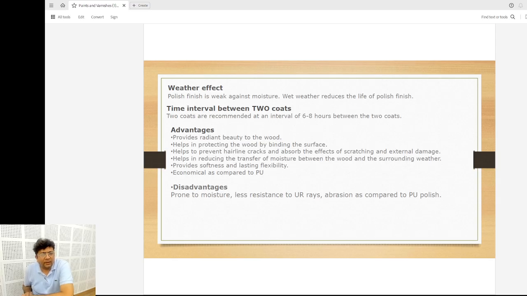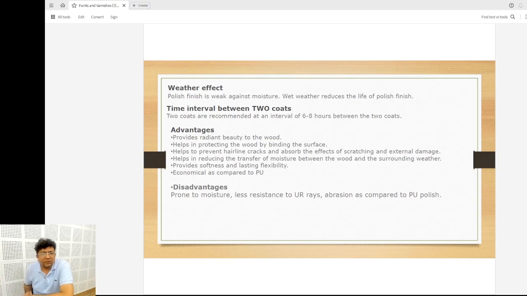It helps to prevent hairline cracks and absorb the effects of scratching and external damages. All our furnitures are prone to dents and scratches when we shift them or clean them. But after polishing, it considerably reduces the chances of cracks and defects.